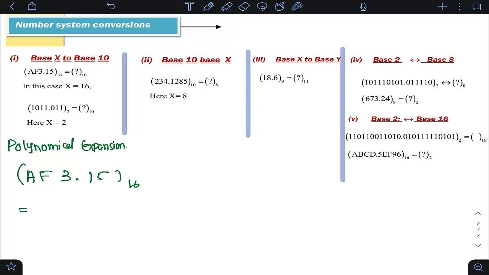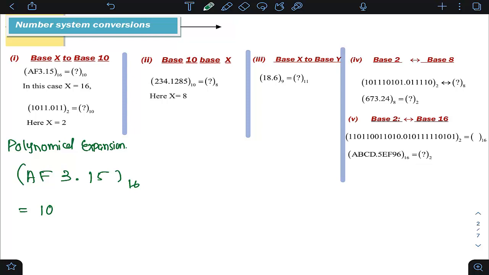I'll be expanding this number in polynomial format by taking the radix. The radix is 16, so I'll expand with respect to 16. Take this as the reference point, then towards the left it is 16 power 0, 16 power 1, 16 power 2. A is nothing but 10 in hexadecimal.